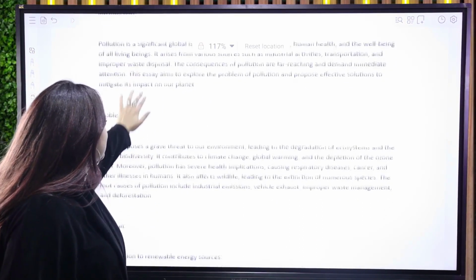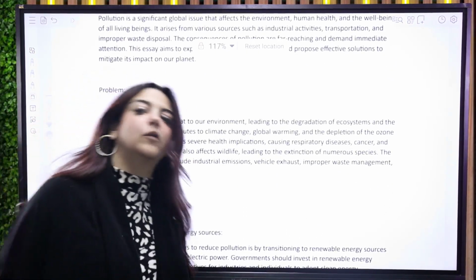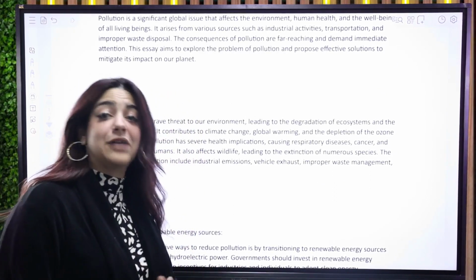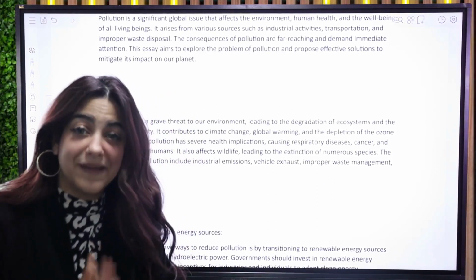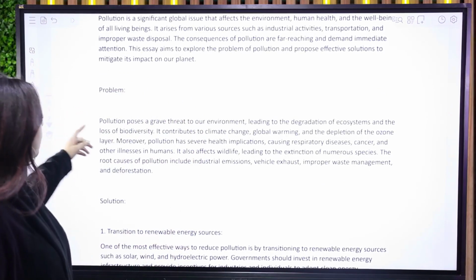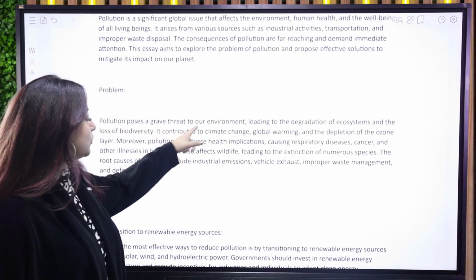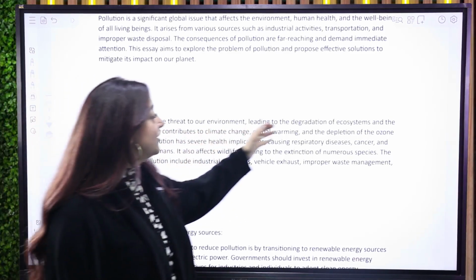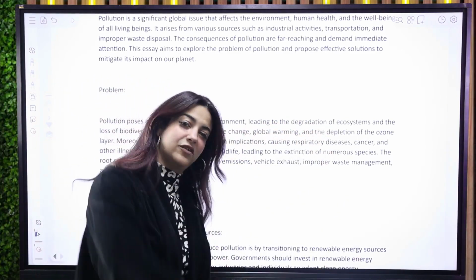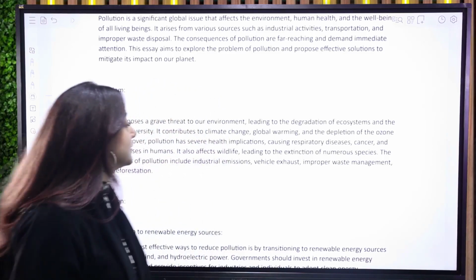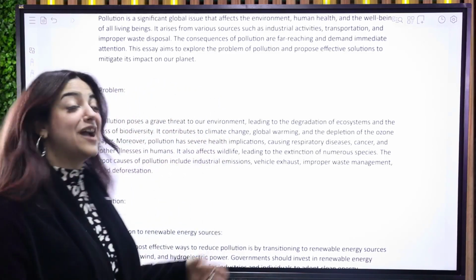Body 1. I said that step number 2 is body 1, which is right after the introduction, tackling the problem and the consequences. Here we go. I can say, firstly, pollution poses a grave threat to our environment, leading to the degradation of ecosystems, the decline of ecosystems, and the loss of biodiversity.